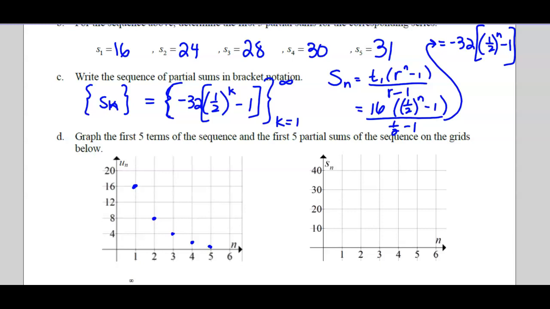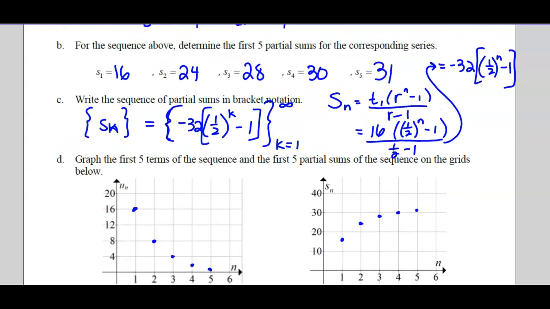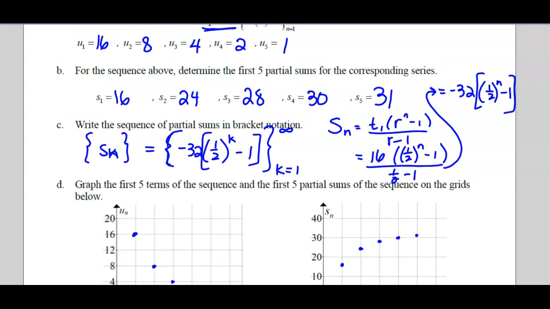It's not continuous, but still follows that pattern. Okay, so that's what the graphs will look like.